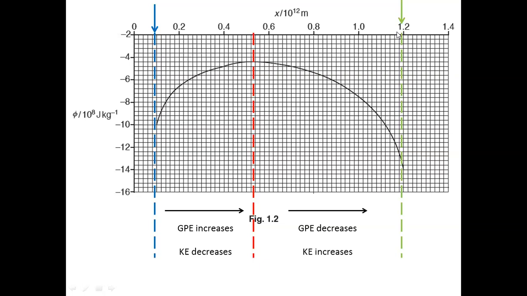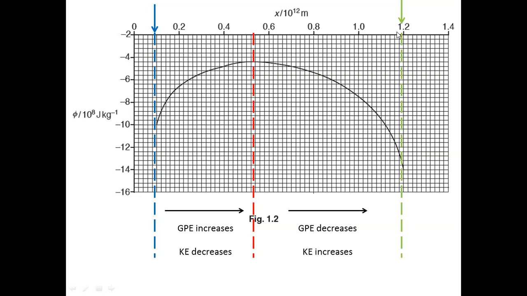If we go back to the examples that you have encountered in the AS level, this scenario is similar to a stone falling from a higher elevation towards the ground. As the stone falls down to the ground, its kinetic energy increases. But at the same time, since the elevation decreases with respect to the ground, its GPE will also tend to decrease. So again, while the stone is falling down, its kinetic energy increases and GPE decreases.